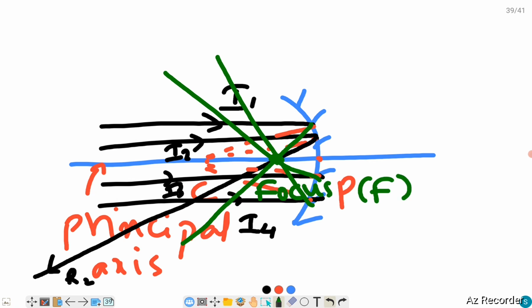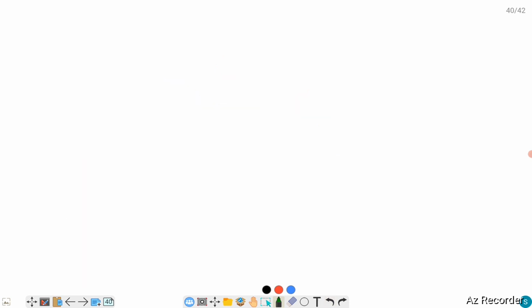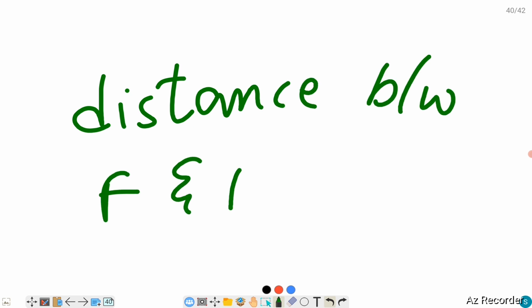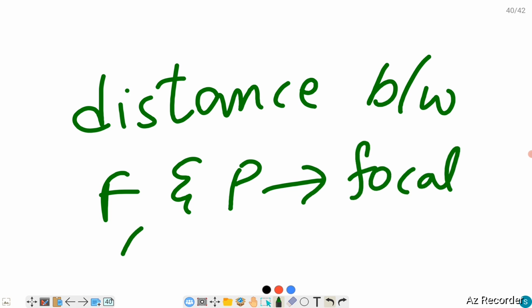represented with the letter capital F, and this point will be bisecting the radius of curvature. The distance between focus and pole is called the focal length. Very, very important. The distance between focus and pole is called the focal length, denoted with the letter small f.